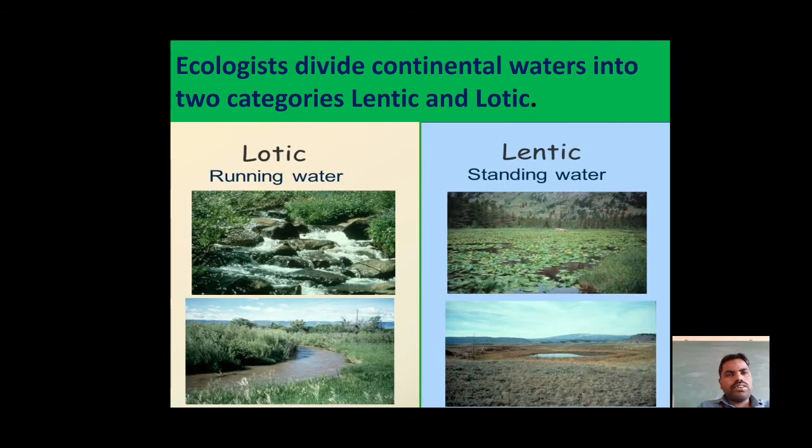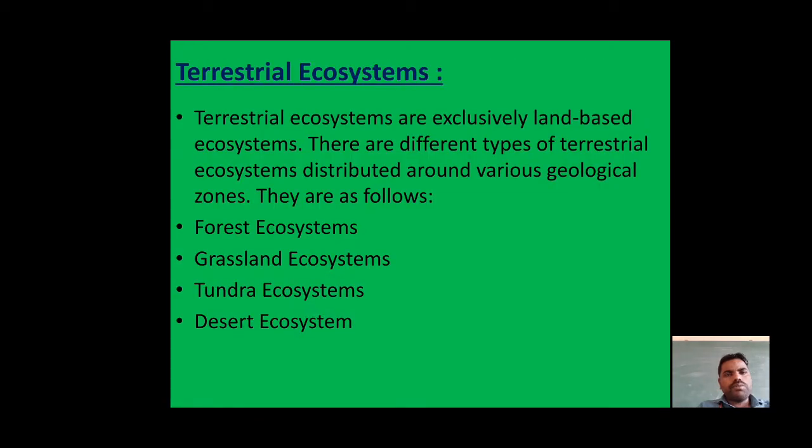You have seen the lentic and lotic ecosystems. Next one, the terrestrial ecosystem. Terrestrial ecosystem means the land-based ecosystem. If we go to different countries, we will see different kinds of people, different kinds of animals, different kinds of plants.